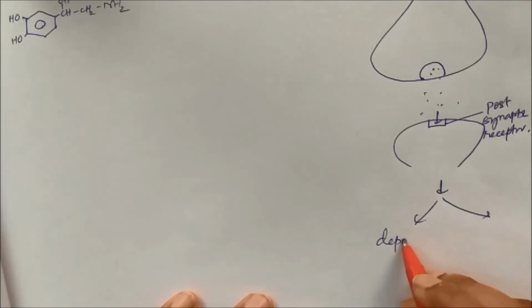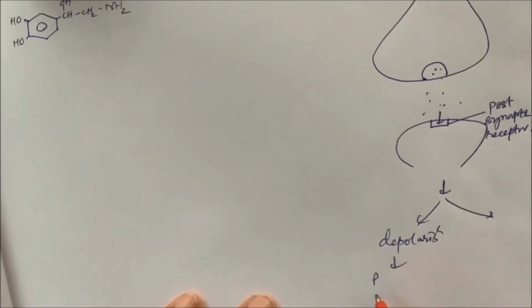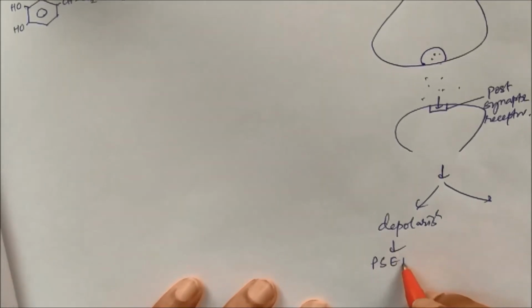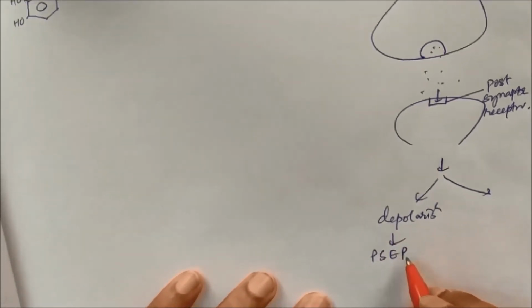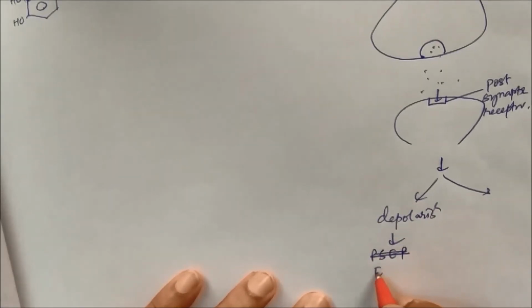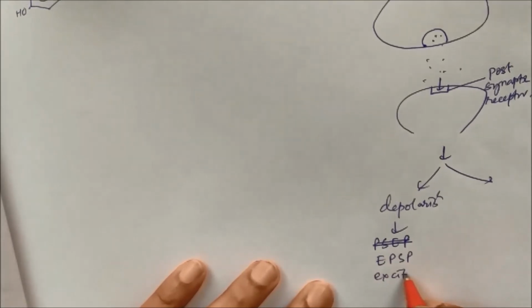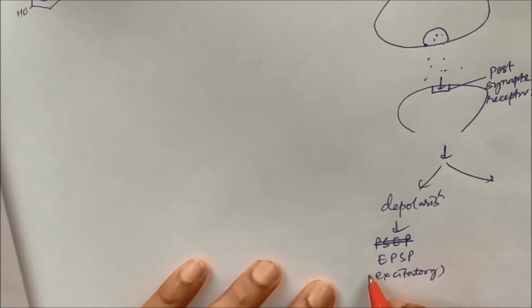If it is causing depolarization, then it is called EPSP, excitatory postsynaptic potential, excitatory because it is causing depolarization.